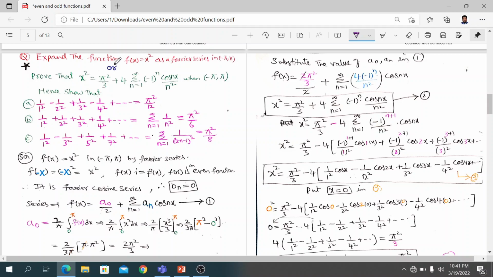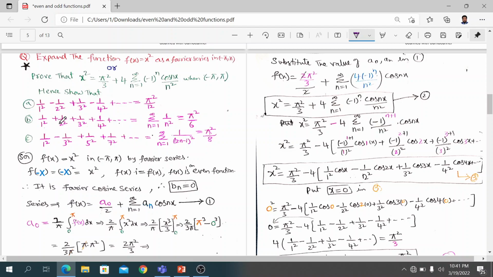This question can be asked as: provide proof that x square is equal to pi square by 3 plus 4 into sigma n is equal to 1 to infinity minus 1 power of n cos nx by n square, where the interval is minus pi to pi. Hence, show that 1 by 1 square minus 1 by 2 square plus 1 by 3 square minus 1 by 4 square and so on is equal to pi square by 12.